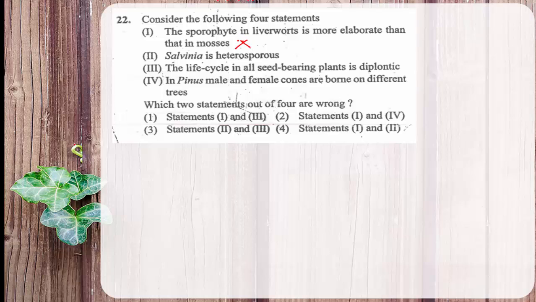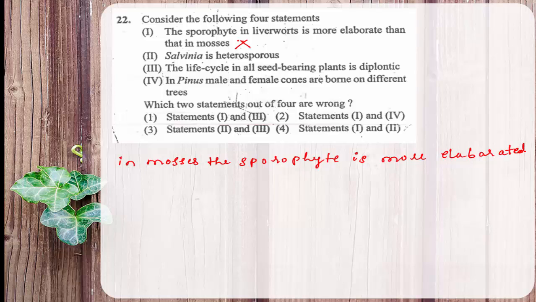The right statement is that in mosses, the sporophyte is more elaborated than in liverworts.